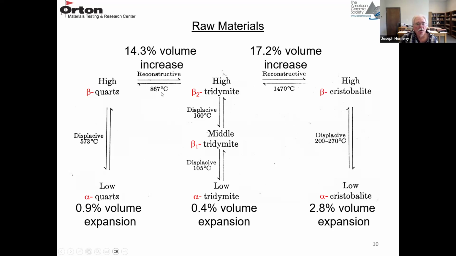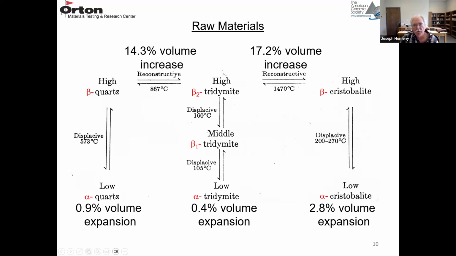Thermodynamics just tells you the equilibrium situation, what should be at equilibrium, but the kinetics tells you how fast it gets there. The kinetics are really slow here, so really at 1200 to 1400 degrees C, you go from quartz to tridymite. That has a very large volume increase, 14.3% going from quartz to tridymite.